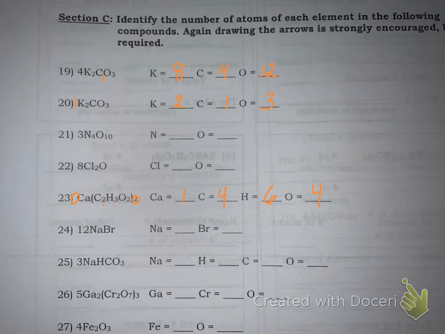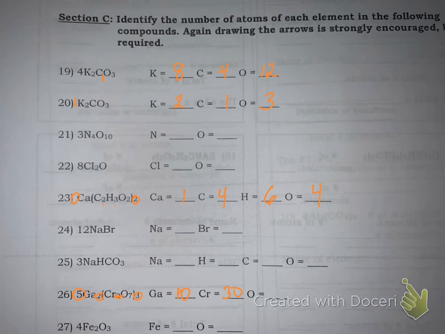And then let's jump down here to number 26. This is the most complicated one you're going to see. So you've got gallium. You've got a coefficient of 5, subscript of 2. 5 times 2 is 10. Now, let's look at the chromium. You got a subscript of 2, a subscript of 3, and a coefficient of 5. 2 times 3 is 6. 6 times 5 is 30.